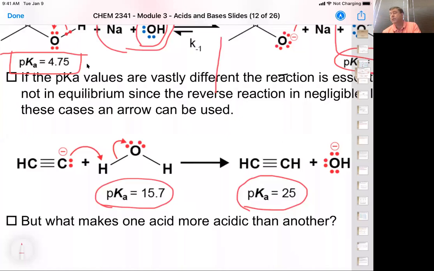So we're going to have more of this. And there's such a big difference here, greater than 10, it's going to tend to shift it strongly. The bigger the distance or the weaker the acid, the more it's going to be shifted to this side with very little, if any, measurable equilibrium reaction. Okay, so stronger acid moves to the weaker acid.